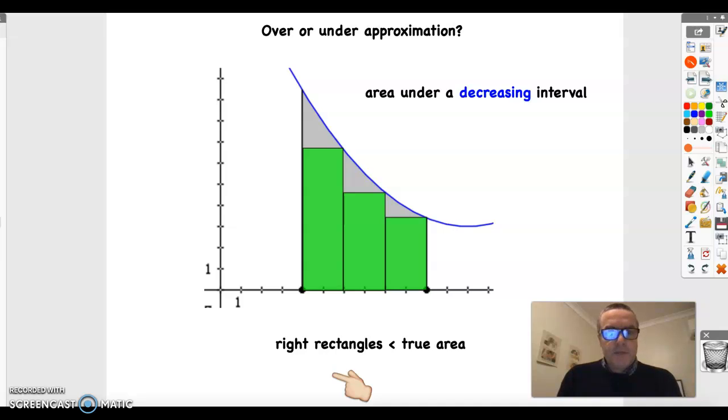For the same decreasing interval, if I was to use the right rectangles, we can see now that they come in under the curve, and so when I add those 3 rectangles up, I end up with an estimate that is less than the true area, and so we've got an under approximation.